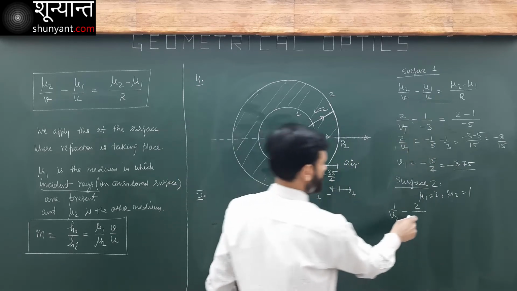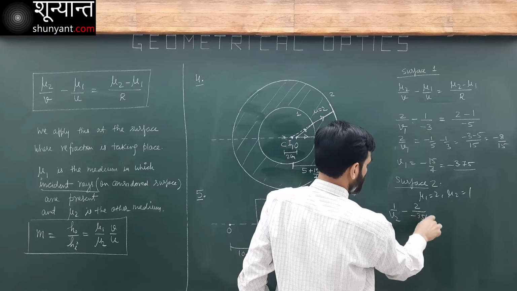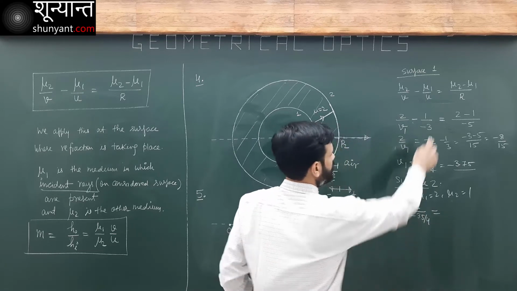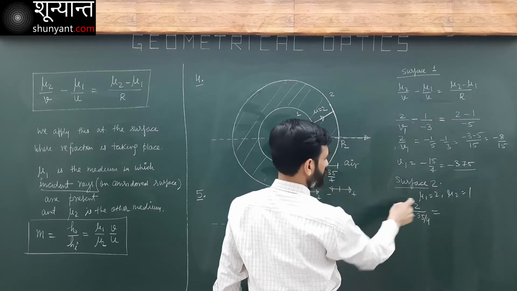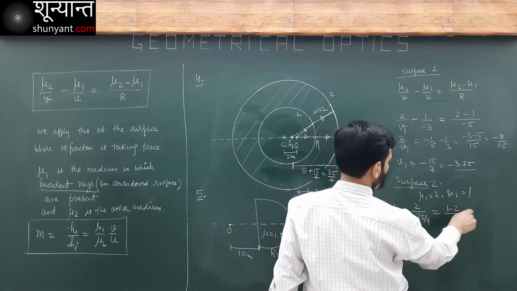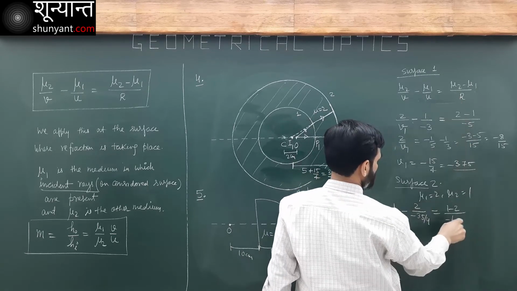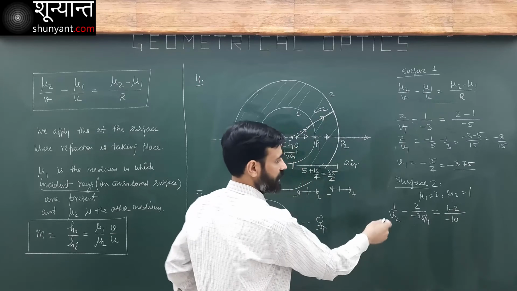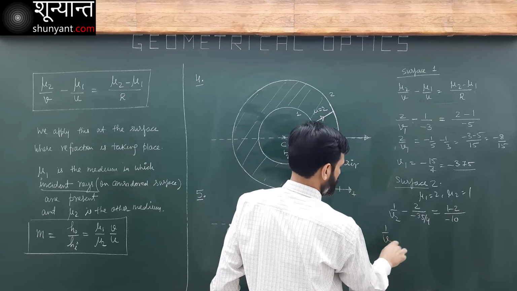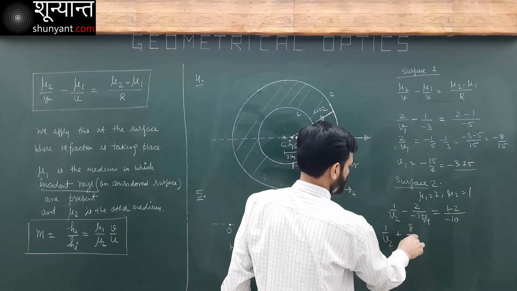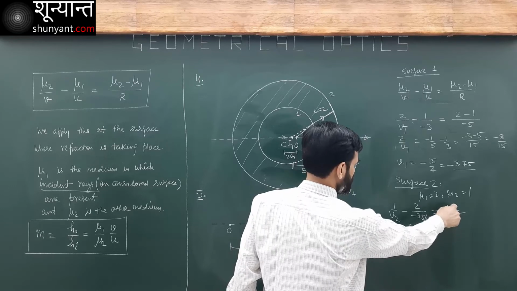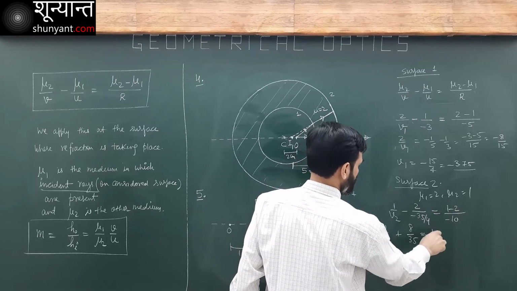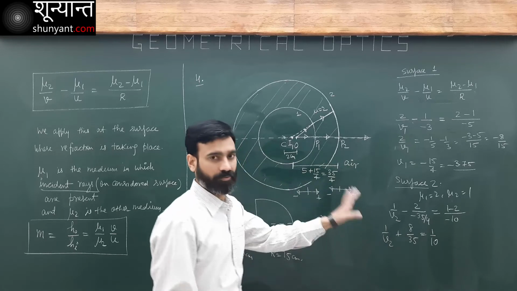So minus 35 over 4 is equal to mu2 minus mu1 over radius, 1 minus 2 over radius, which is minus 10. So 1 over v2 plus 8 over 35 is equal to 1 over 10. You solve it and you get the answer.